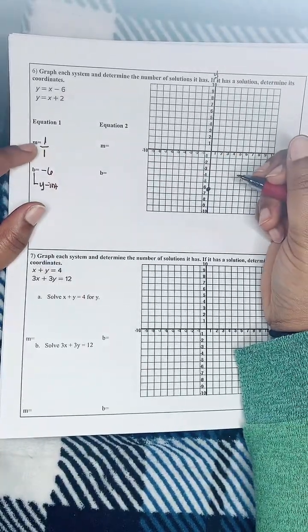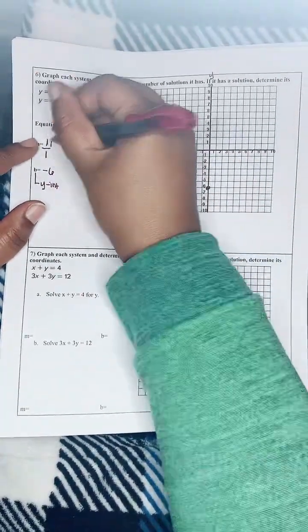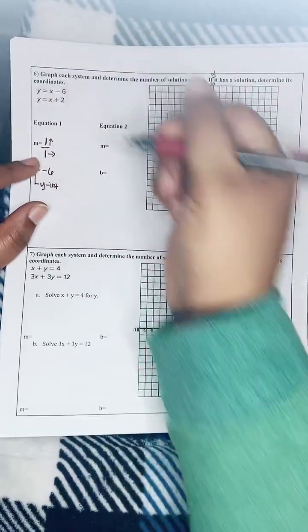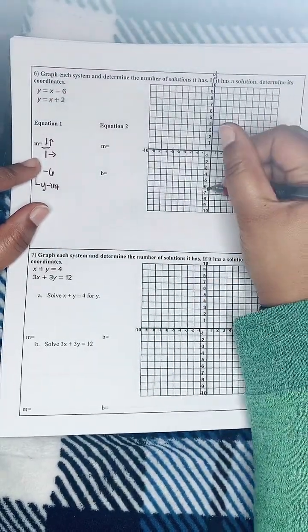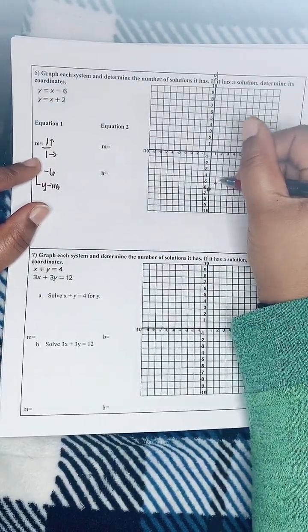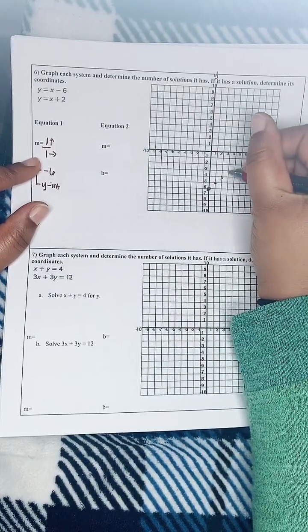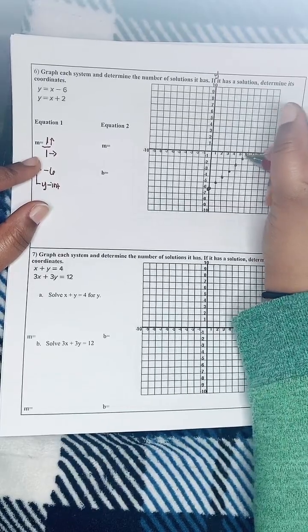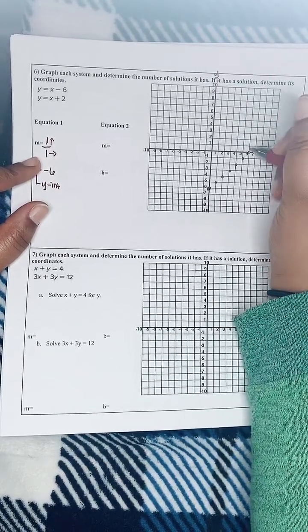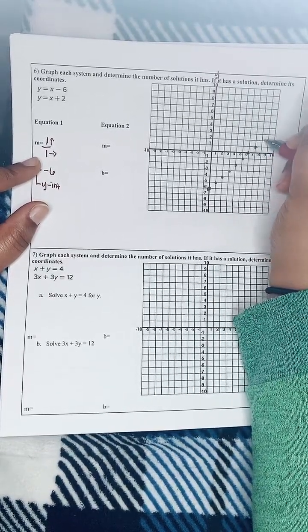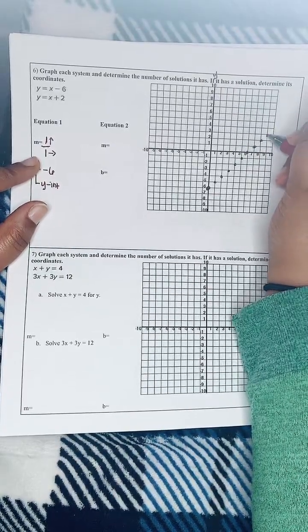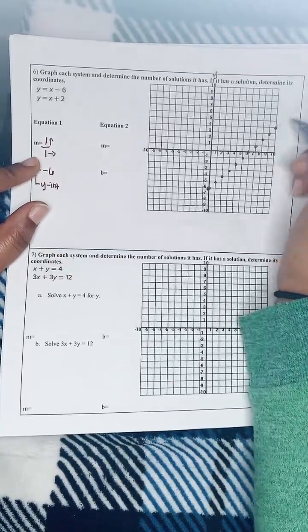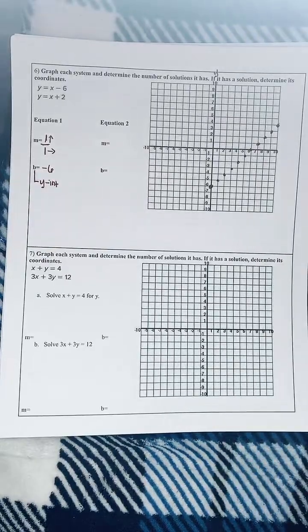Now my slope is telling me I'm going up 1 and over 1. So up 1 over 1, up 1 over 1, and you just keep following that pattern all the way through. Especially in systems, because you need the two equations to intersect if they're intersectable.